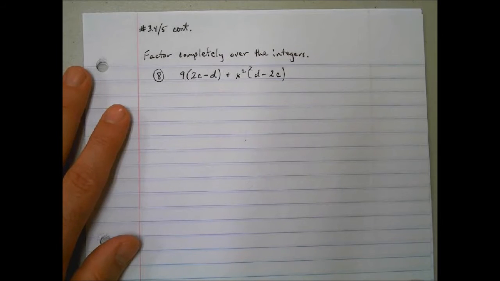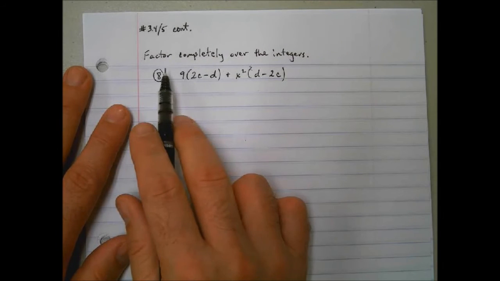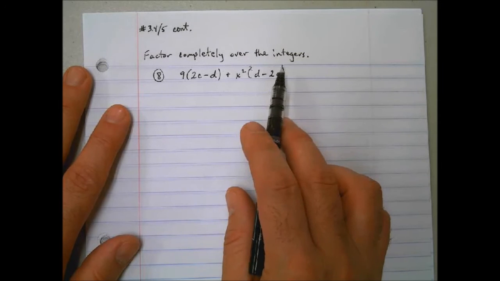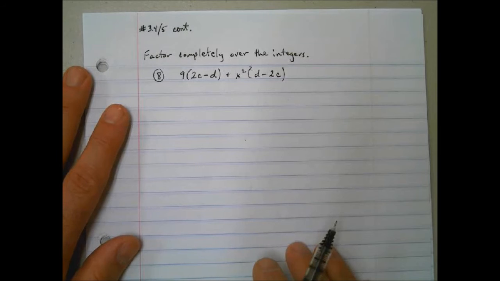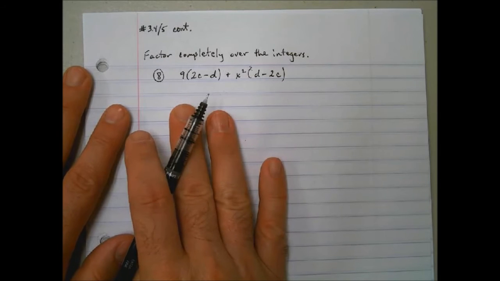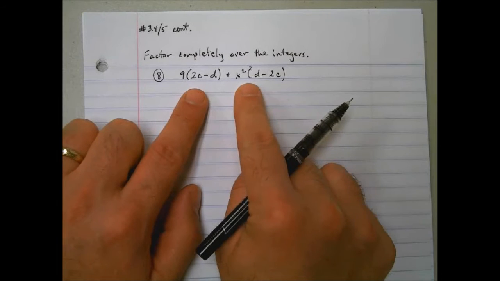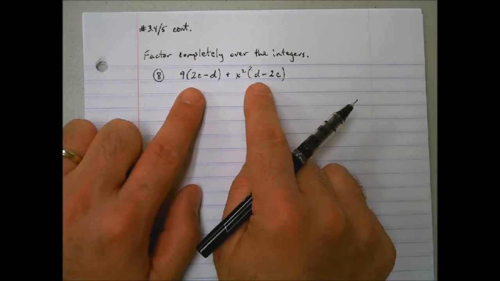Okay, picking up where we left off, I'm now in worksheet 5. The beginning problems say factor completely. This time it actually says over the integers. So number 8. Now at first glance, maybe you're thinking, oh, I need to multiply this out before I can factor.